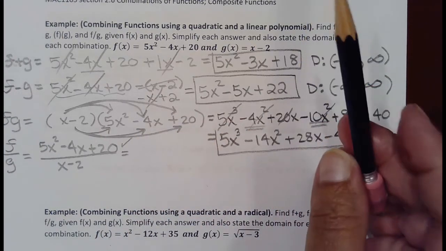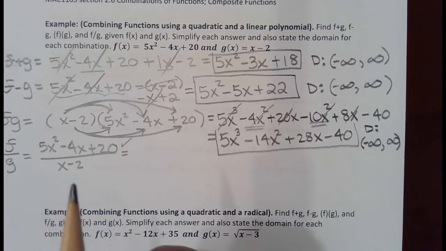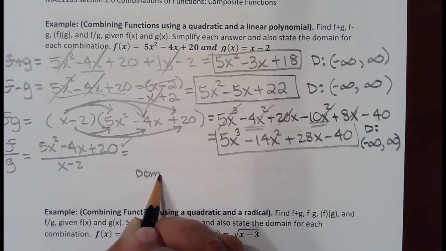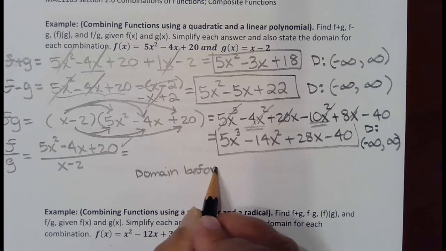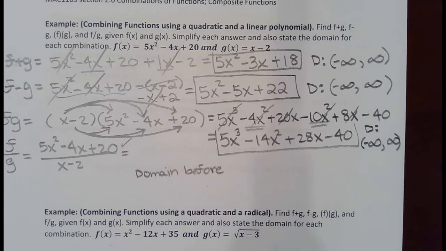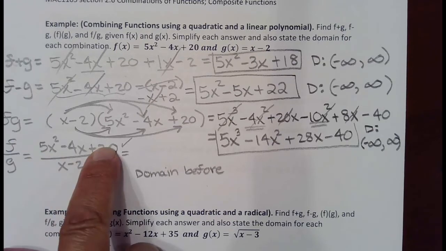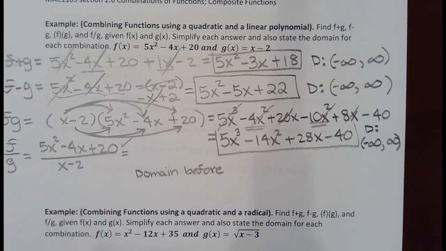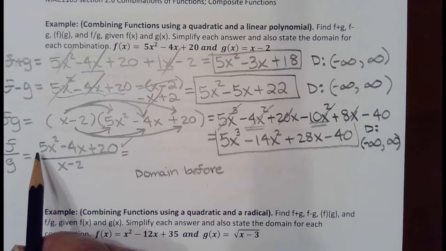And if you are going to be able to reduce, the only way that's going to happen is if this factors. Now you can try factoring this by guess and check. You could also try splitting the middle term. Those were both methods discussed in Chapter 1 for factoring trinomials, especially when there's a leading term that's bigger than 1. That splitting the middle term is nice. And if this did factor, it's possible that maybe it would have a factor as part of the breakdown that canceled with this, and that would be the only way it would be reduced. But no matter what you try here, regardless of the method that you try, this doesn't factor.